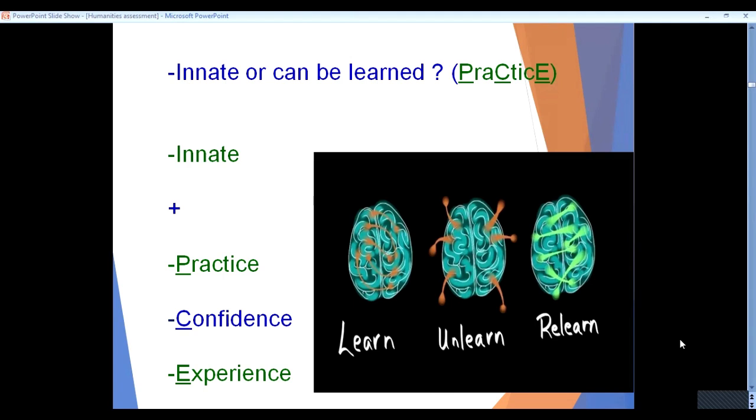They have inbuilt, innate attributes of humanities, but it doesn't mean that those who don't have them can't develop them. By research, it has been shown that if you practice with confidence and keep repeating certain experiences, you can hone many attributes of humanities. So it is all about learning the previous things and learning the new ones. Next one, please.